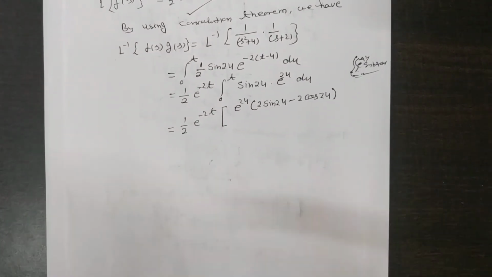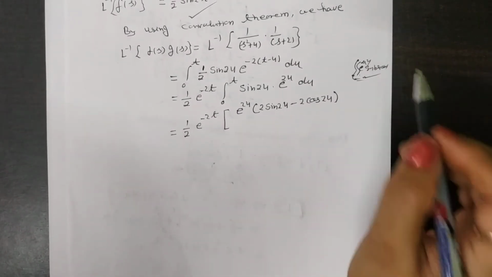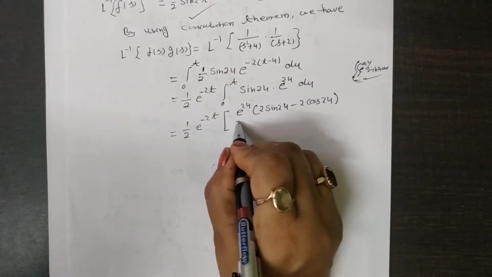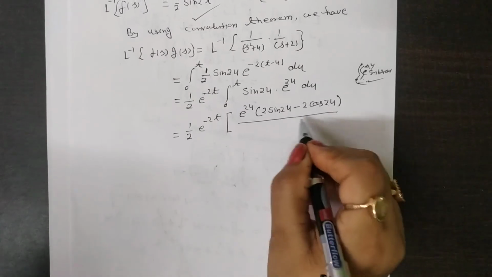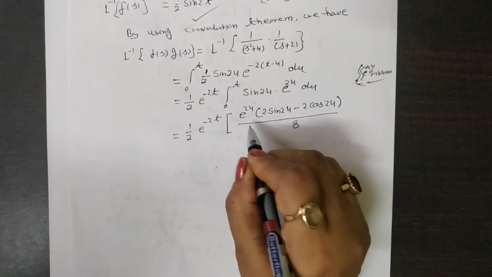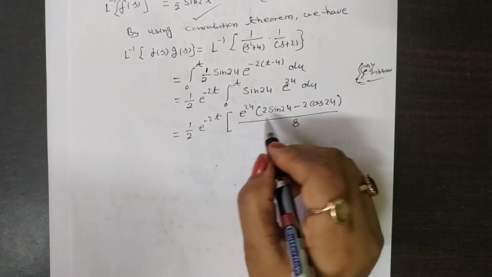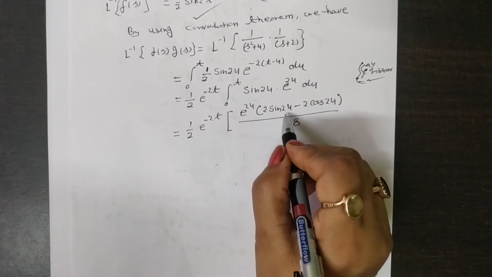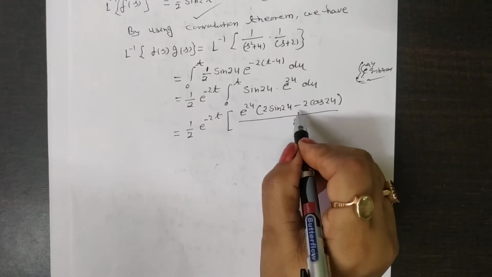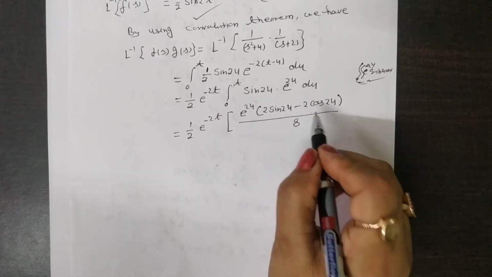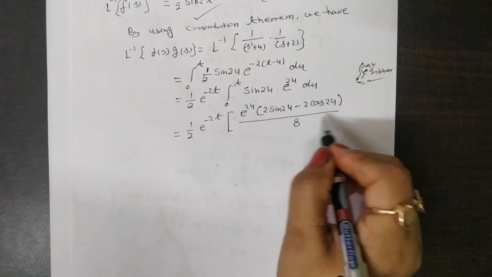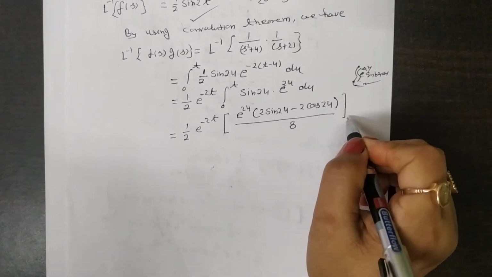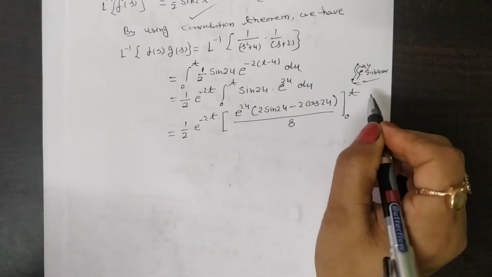In the earlier example, you know this one. This is equal to this divided by this, divided by 8, e to the power ax times (b sine bx minus 2 cos bx), that is this one, and the limit from 0 to t.